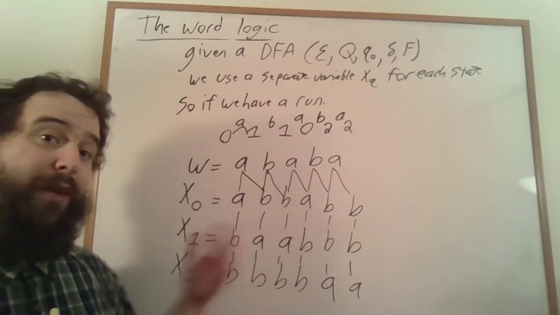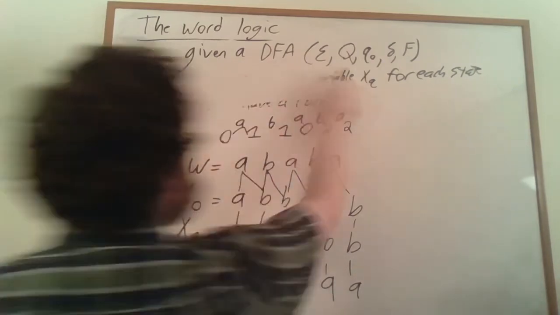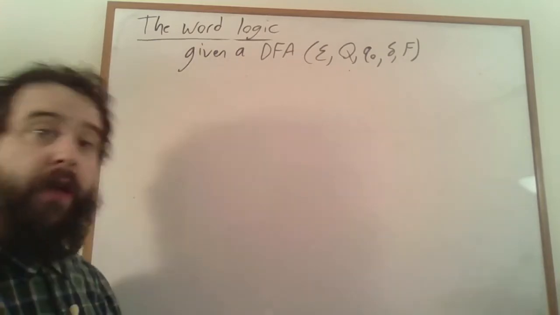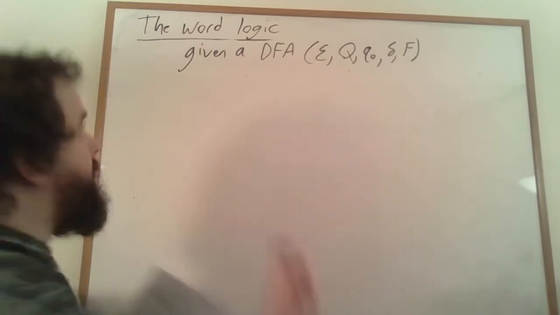So again, if you want to pause and try to construct that formula, I encourage you to do so. So let's say that we have a particular automaton that we want to encode as a formula.